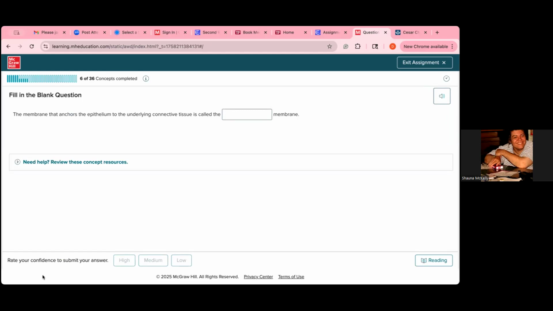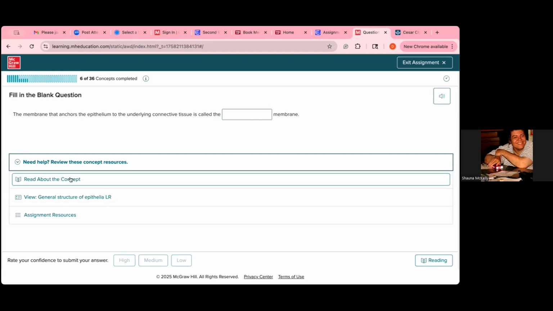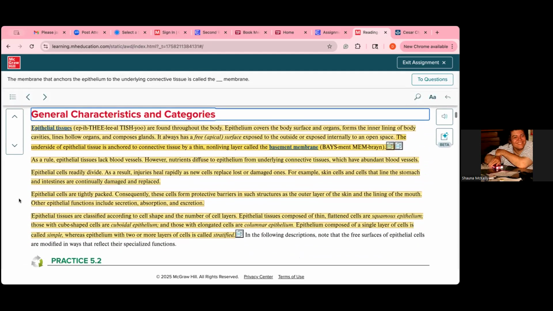Okay. The membrane that anchors the epithelium to the underlying connective tissue is called the blank membrane. The underside of epithelial tissue is anchored to connective tissue by a thin non-living layer called the basement membrane.